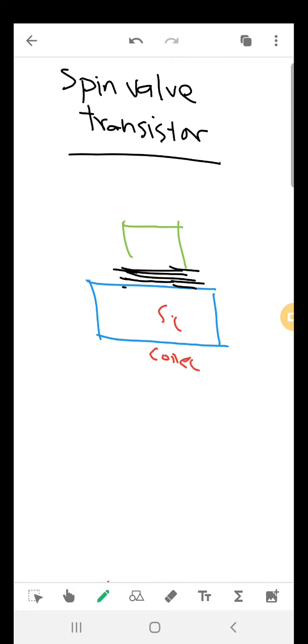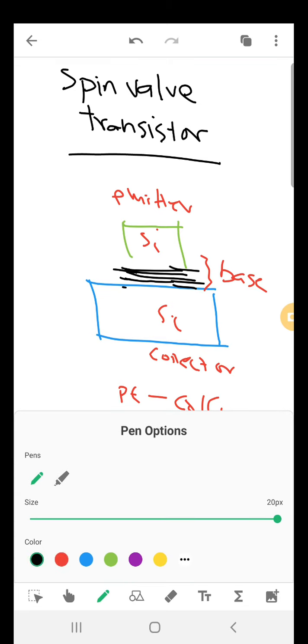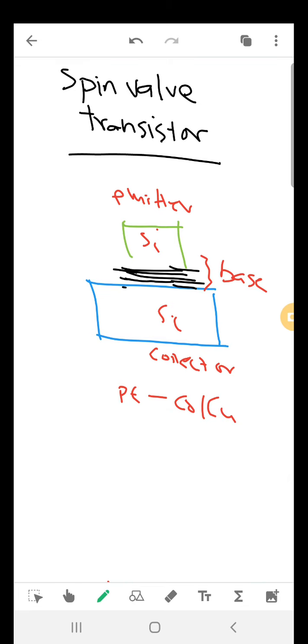This silicon is the silicon emitter, and these metallic multilayers form the base. The metallic multilayers mainly consist of a platinum ohmic contact, a metallic contact, followed by copper and cobalt multilayers. So this is what the base constitutes. So the collector is actually forward biased and the emitter is reverse biased.